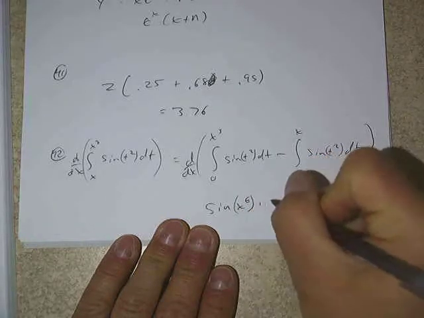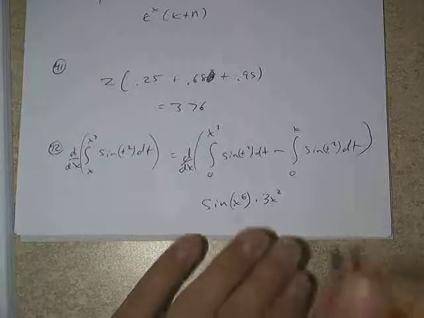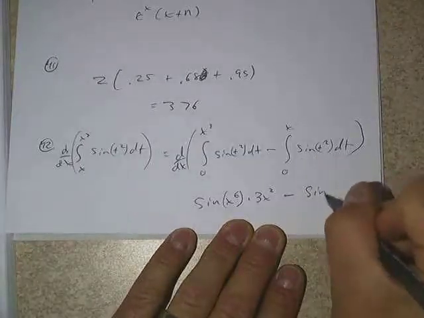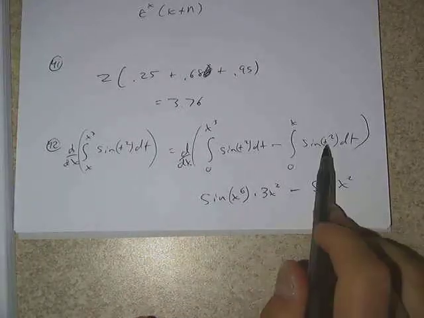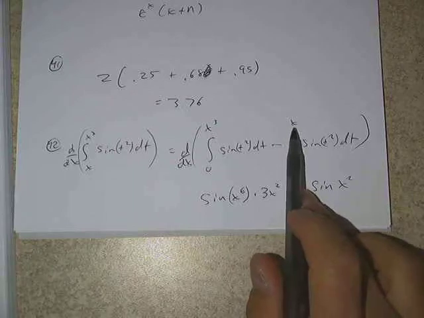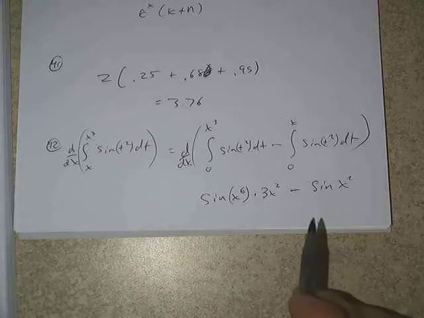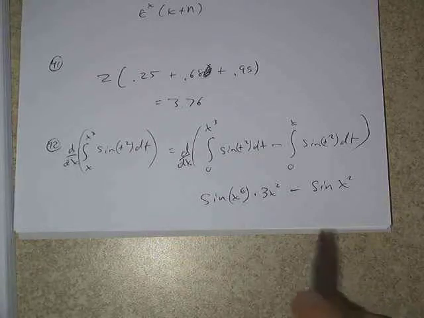Okay? So if we rewrite it like that, now we can take the derivative of that whole expression and apply the fundamental theorem. The fundamental theorem tells us that if we have an area function, the derivative of this integral function is the integrand evaluated at the upper limit. So it would be sine of x to the third squared, so that would ultimately be x to the sixth, times the derivative of the upper limit, which is 3x squared in our case.